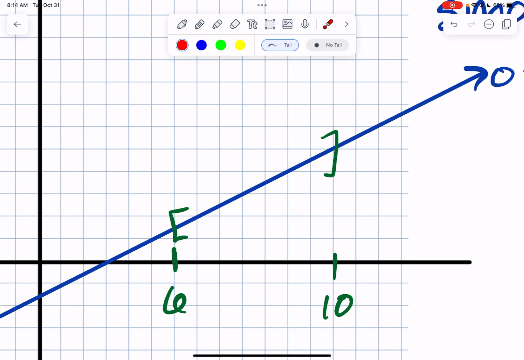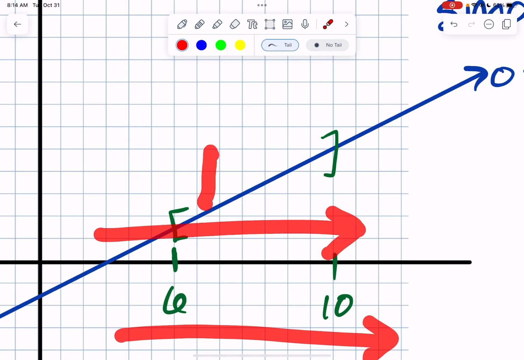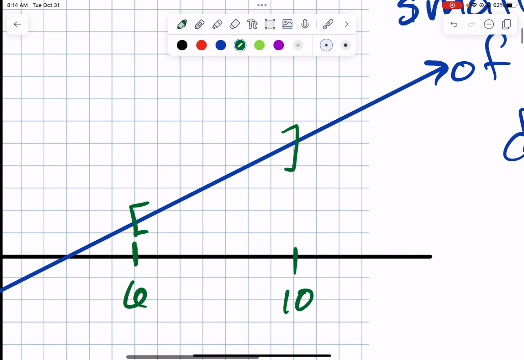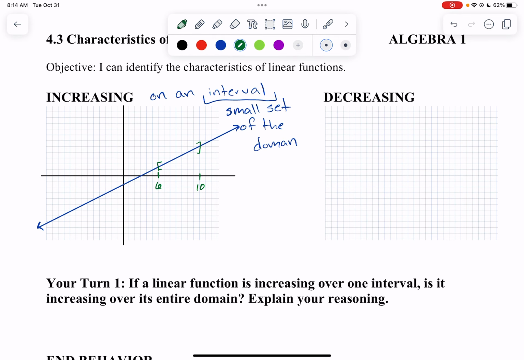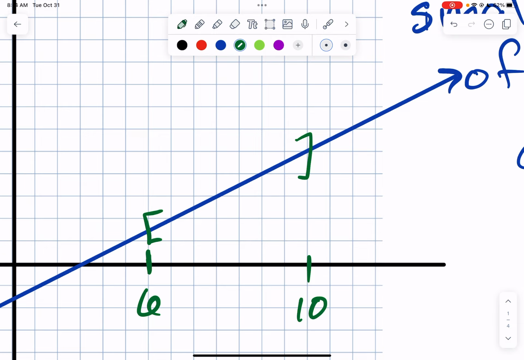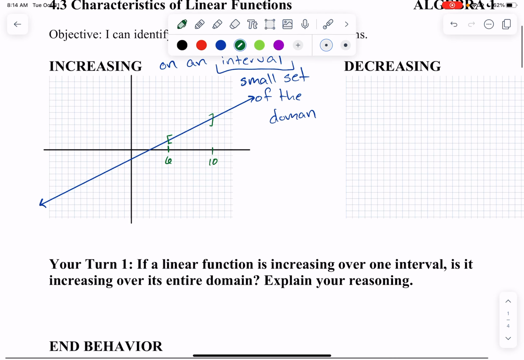Since we read a graph from left to right, the same way we read words, we look from left to right, and am I walking up or am I walking down? If you're walking up from left to right, it is increasing on that interval. Again, we would just be looking for, like, what about from 6 to 10? What's it doing? So it's increasing on that interval.